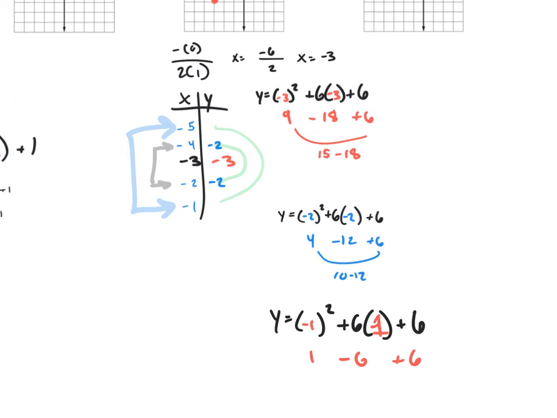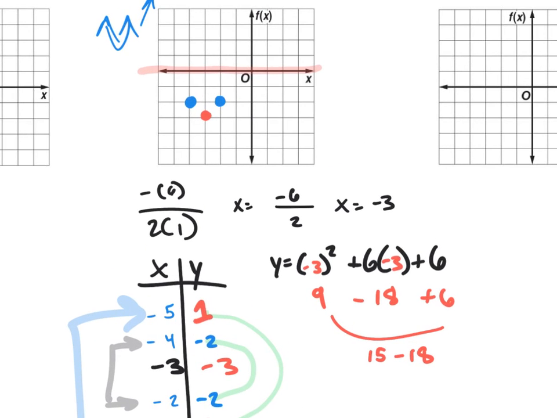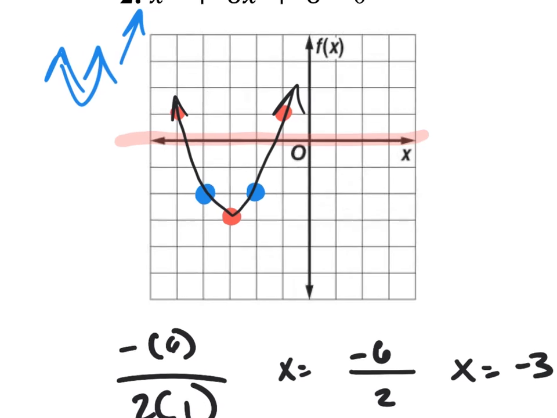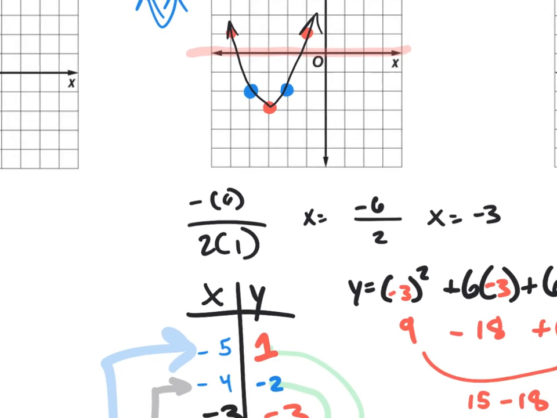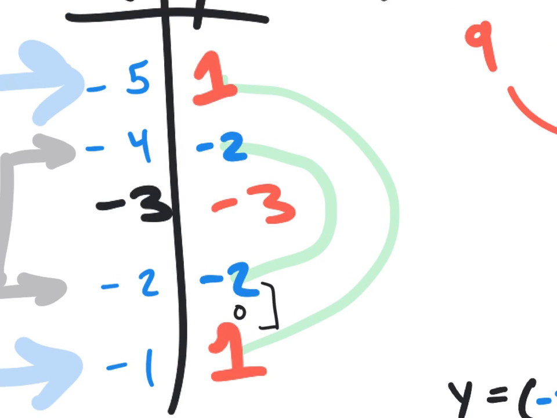These cancel out, leaving us with a y value of 1. So when I come up to graph this next one, you'll see that, yes, we crossed the x-axis, but it wasn't at a whole number. We skipped over 0 because somewhere in between negative 2 and 1 is 0.